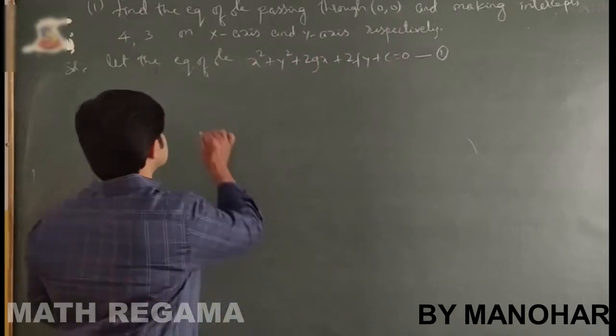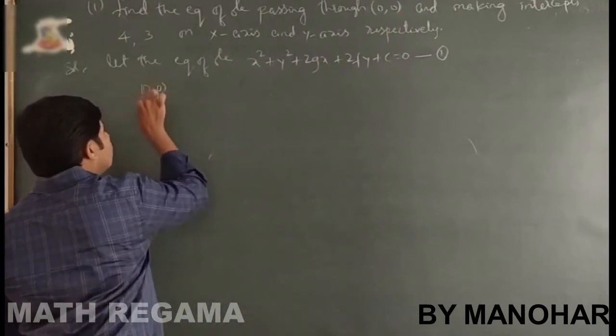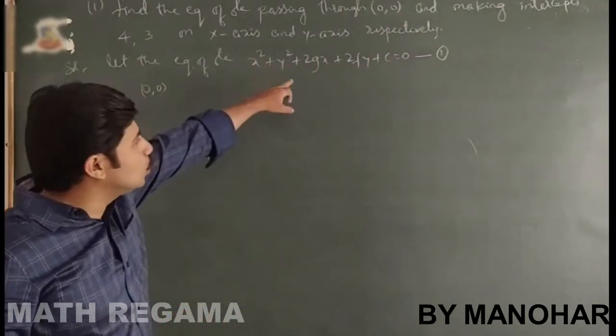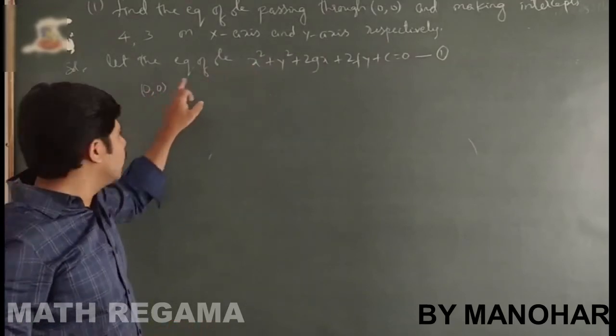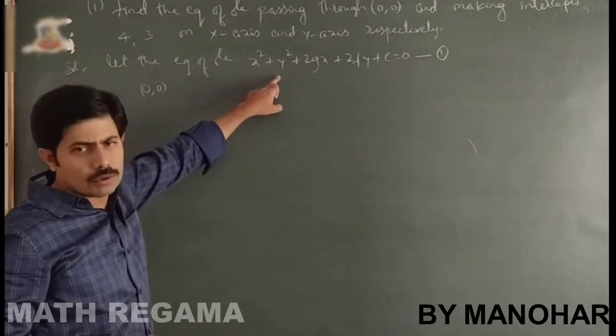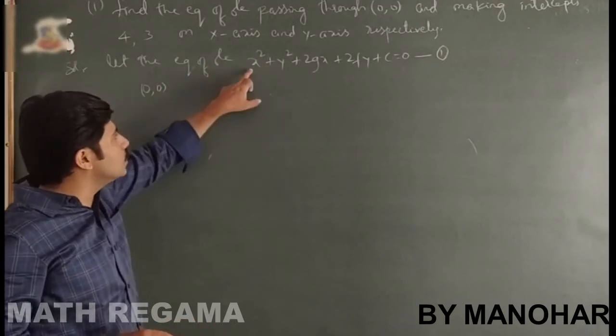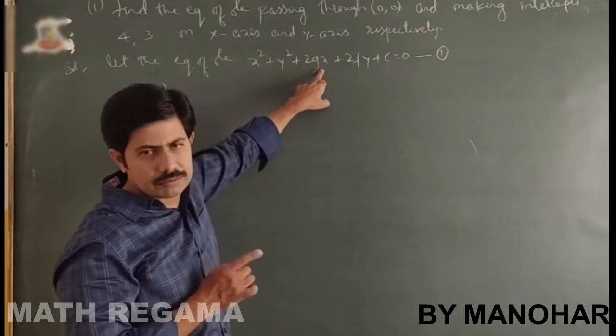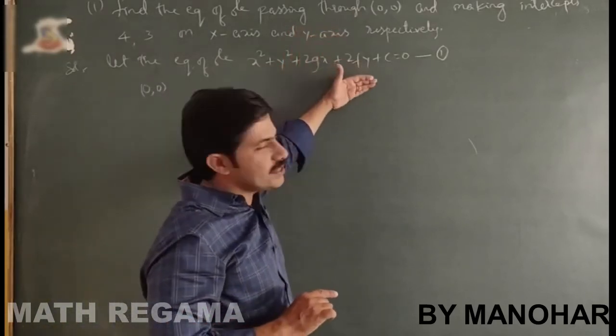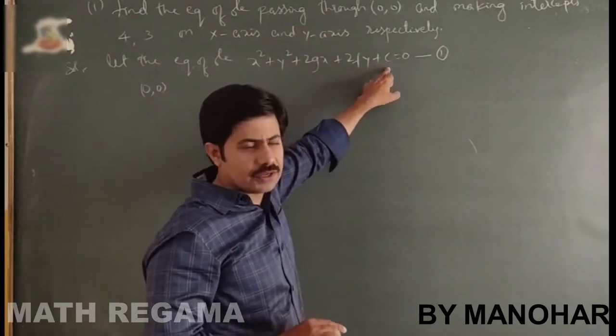Whenever a point passes through origin, what we have to do? This point we have to substitute in this equation. So instead of x, I will substitute 0. Instead of y, I will substitute 0. So when we substitute 0, the 2gx term is eliminated, the 2fy term is eliminated, only c will be left.